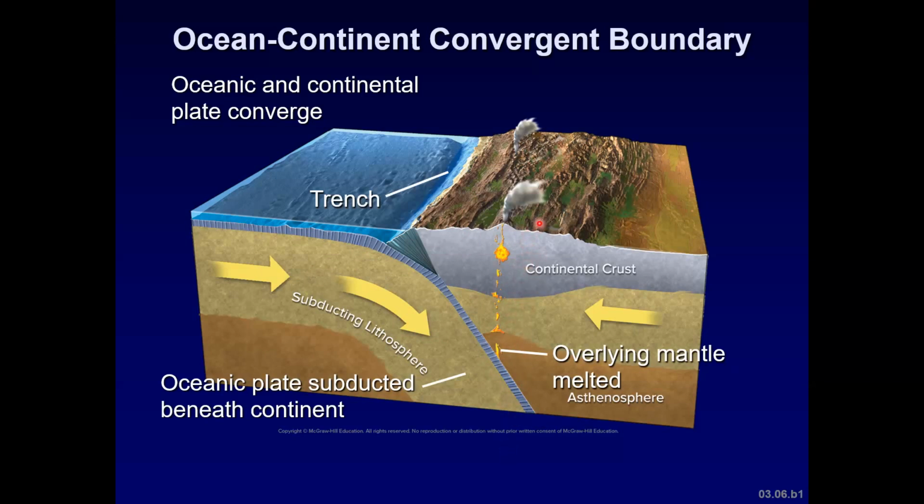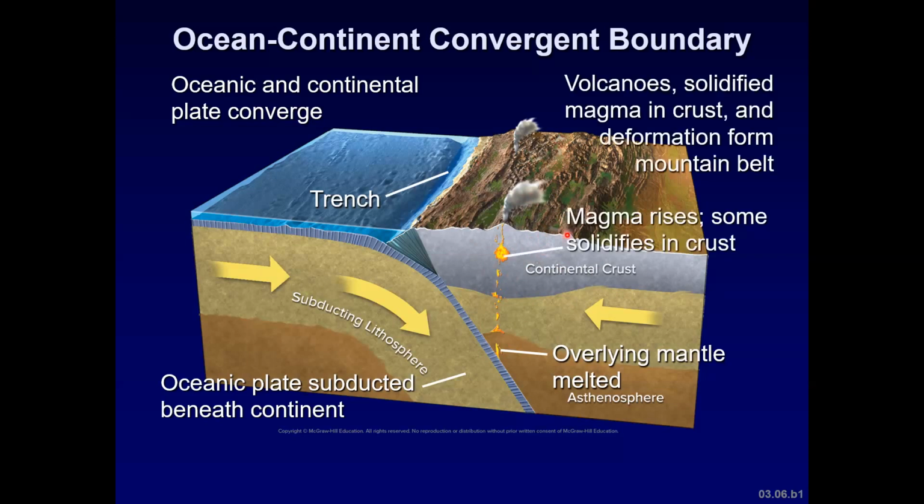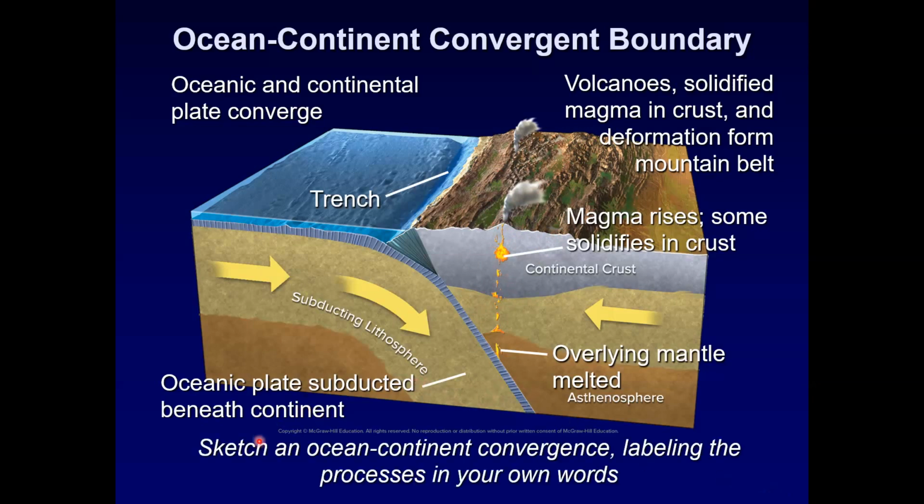That results in volcanoes, oftentimes, and squeezing of the continent to form a mountain belt. So you have volcanoes, solidified magma present in the crust, and deformation, which gives you a nice mountain belt. If you like, you can sketch this as well.